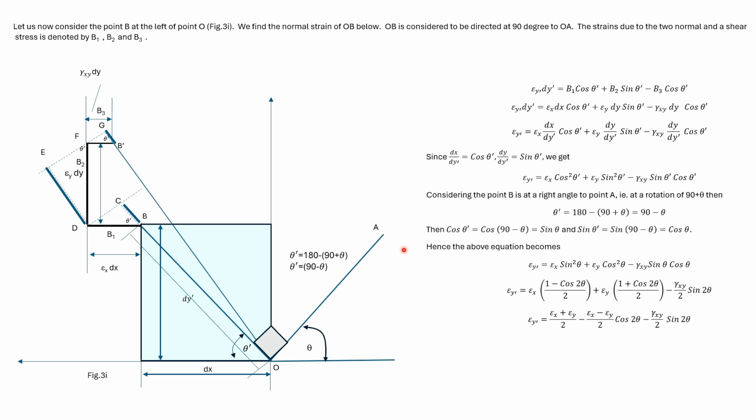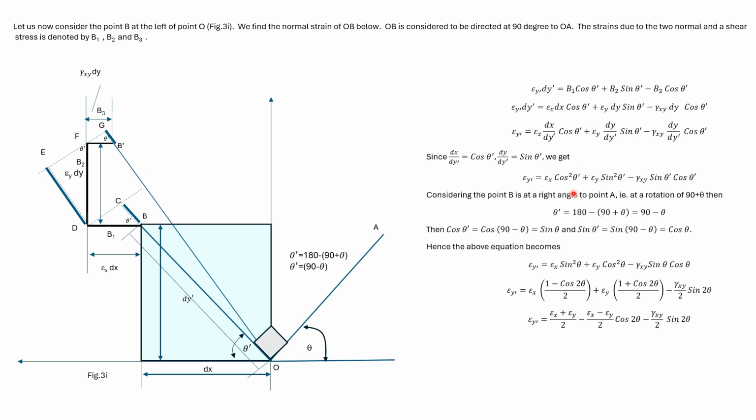We can find epsilon y dash in terms of theta. Now theta dash is equal to 180 minus bracket 90 plus theta. So theta dash is 90 minus theta. Then cos theta dash is equal to sin theta, and sin theta dash is equal to cos theta.